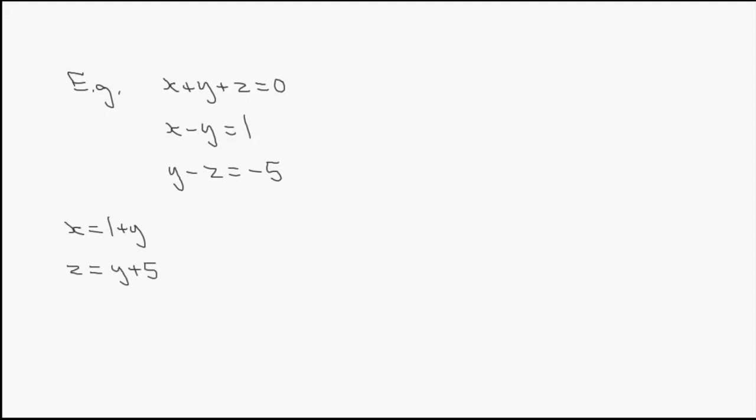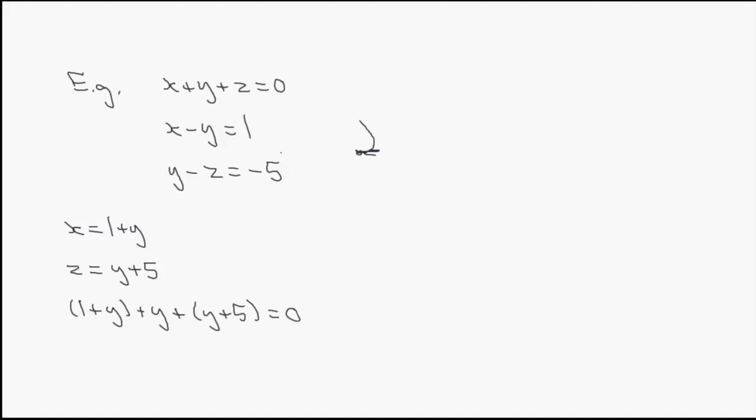So with these values, we can insert them into the equation. This process is actually called simultaneous equations. So 1 plus y plus y plus y plus 5 equals 0.